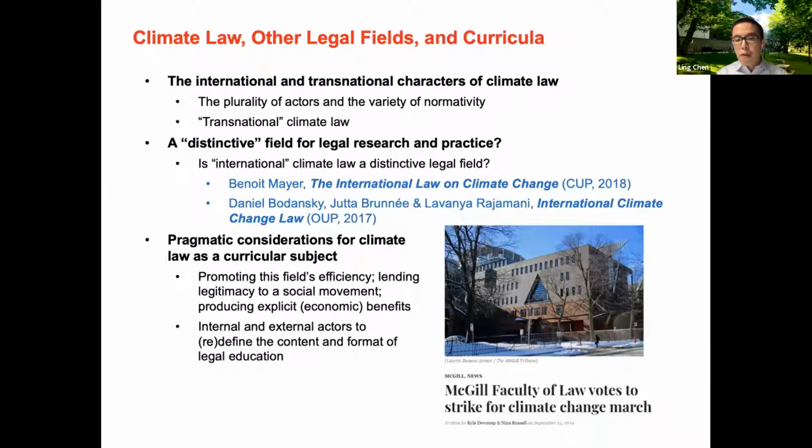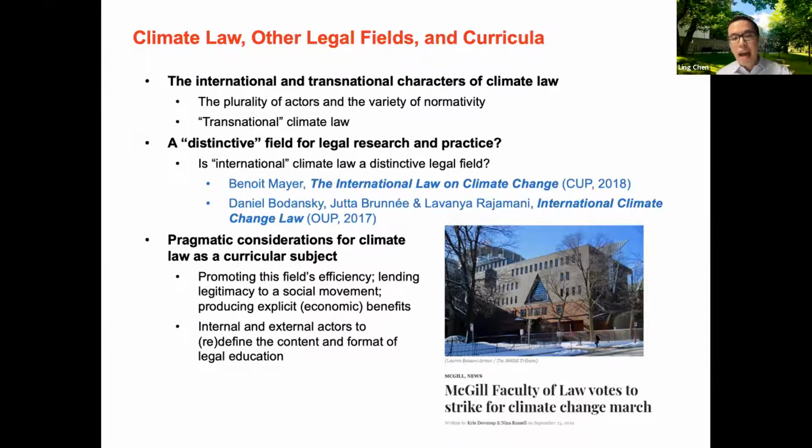Recognition could also make a powerful political statement and lend legitimacy to a social movement such as environmentalism in the 1970s and the most recent youth student-led climate march around the world. As you can see in the picture I put here, McGill Law voted to strike for climate march in 2019.